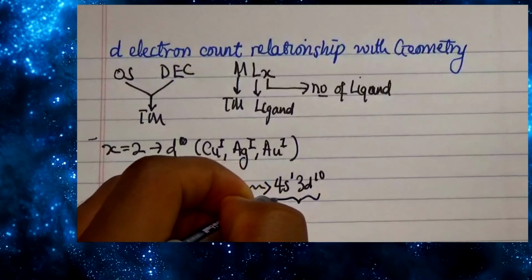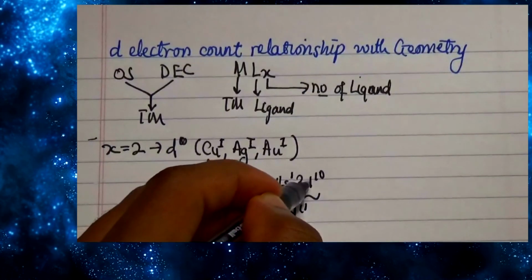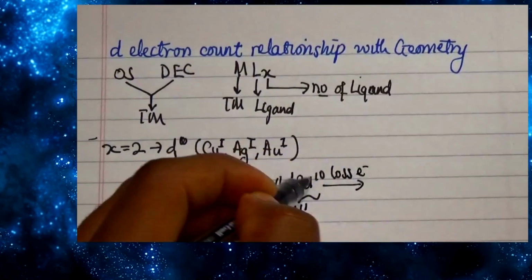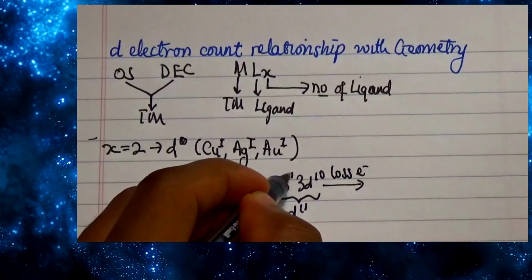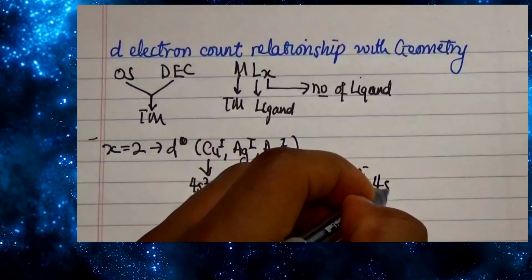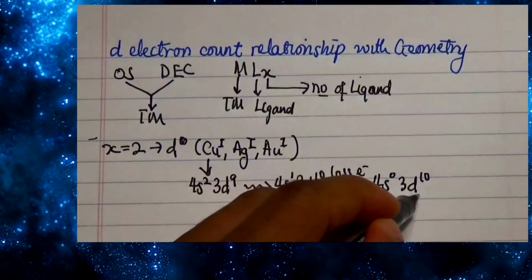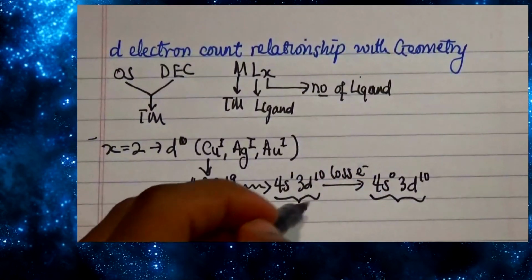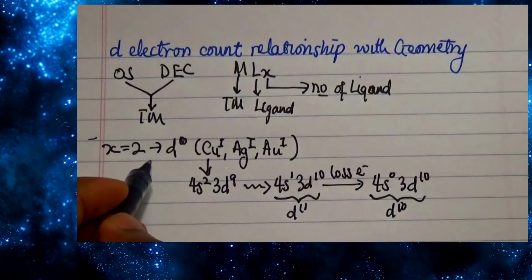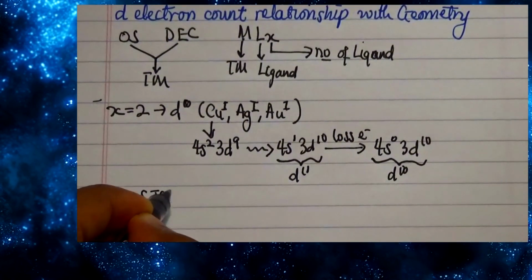So this atomic state of copper is actually d11, because we have 11 electrons. Once you lose an electron, it is lost from the 4s, because this is the highest energy level in terms of ionization, and what we get is 4s0 3d10. So we are transforming our metal from d11 to d10, and d10 will favor two ligands attached when you have a ligand that is sterically less hindered.